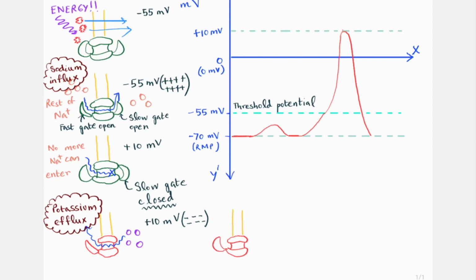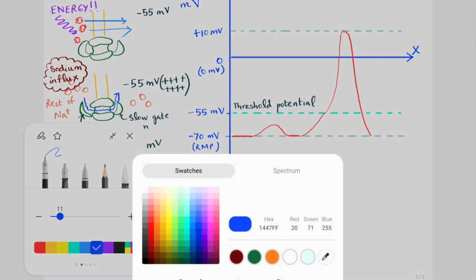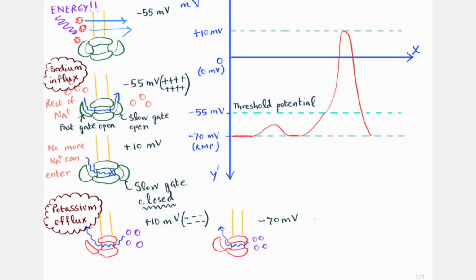This is at minus 70 millivolt, and if it remains open, what do you think happens? More potassium ions continue going outside, and minus, minus, minus.